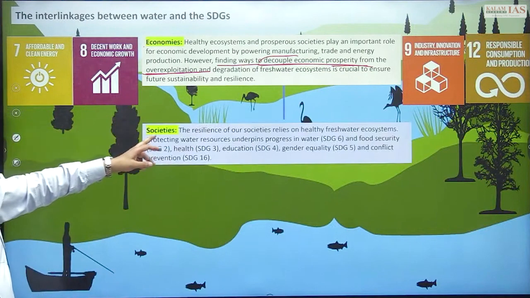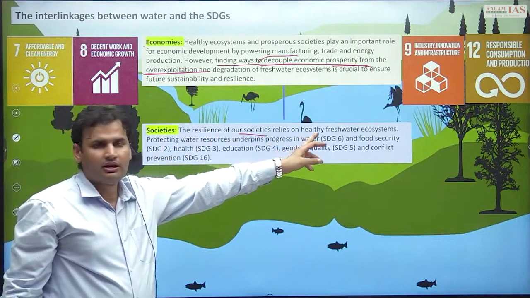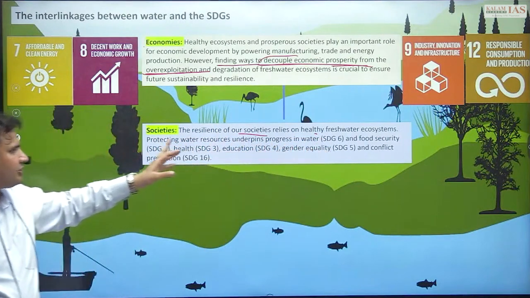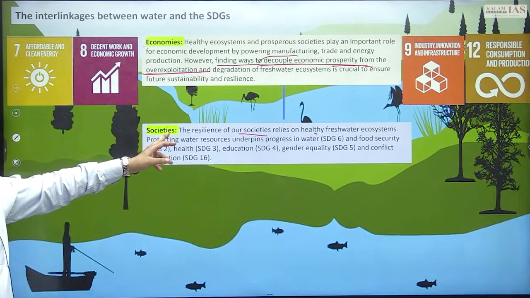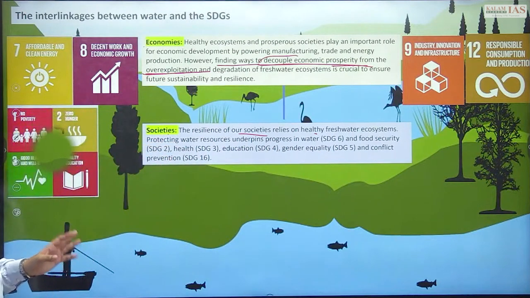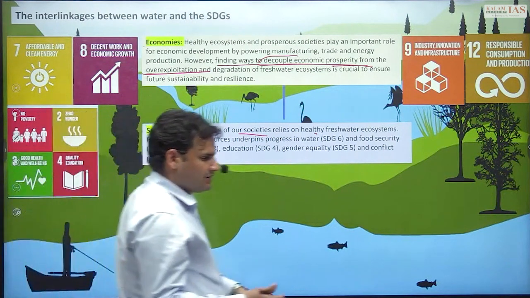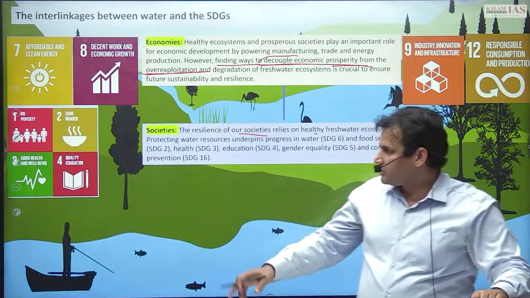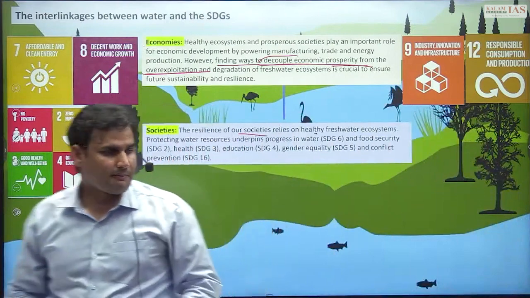Then talking about societies, the resilience of our society relies on healthy freshwater ecosystems. And what are the SDGs with regards to societies? SDGs are no poverty, zero hunger, good health, and of course quality education. These all are related to societies.